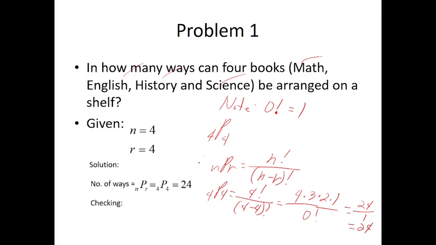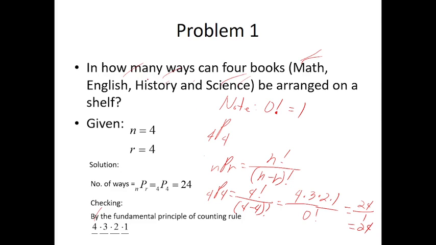So, checking. Pwede tayong mag-fundamental principle of counting rule. 4, 3, 2, 1 yan. Let's say sa first slot, makakapili ako ng math, English, history, science. So, 4 options. Sa second slot, meron na napili sa una.